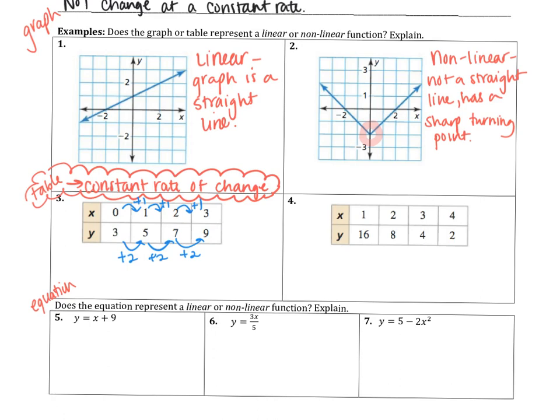Each time, whether it's adding or subtracting, it does not matter. As long as I'm progressing by the same rate, we can determine that the function is linear. So is this a linear function? Yes, it's linear. Our outputs and inputs change at a constant rate.